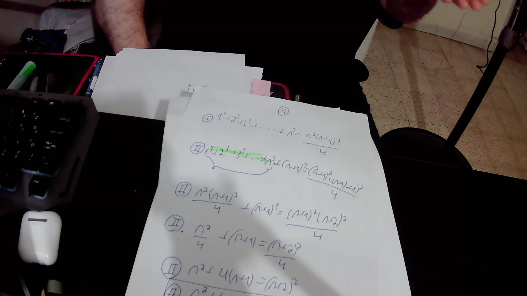And in the second stage, we proved that if it is true for n, it must be true for n plus 1. And we proved that it is true for n because we checked that it is true for n equals 1.